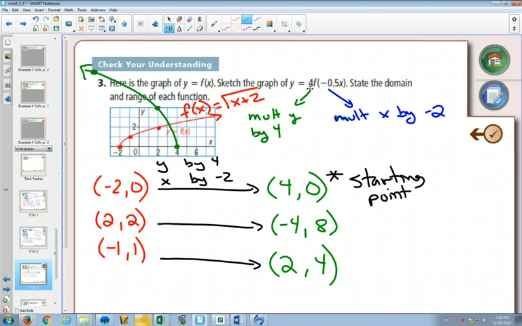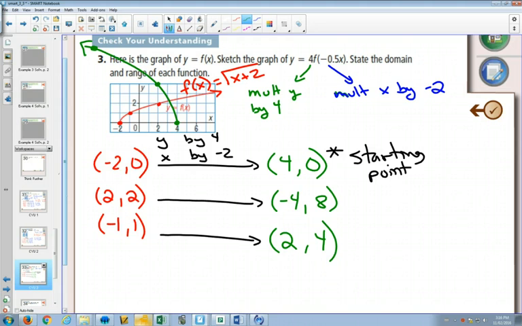Y equals 4f bracket minus 0.5x plus 2. Y is equal to 4 square root of negative 0.5x plus 2. Whew.